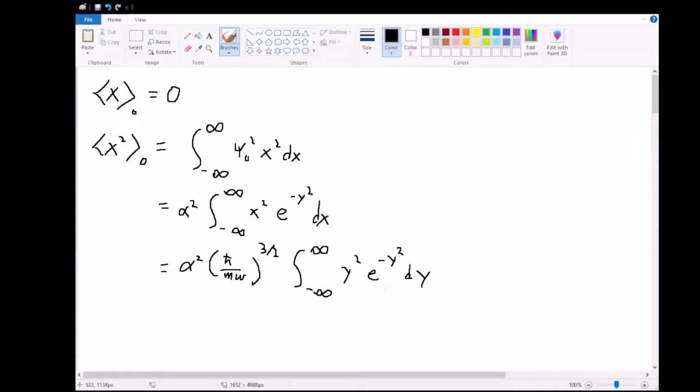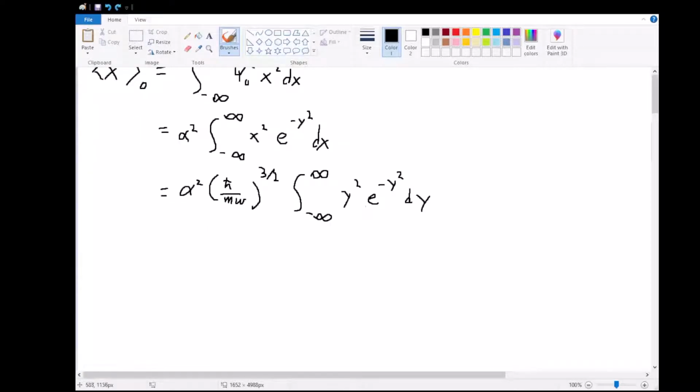And this is something that we've encountered many times before. I'm just going to speed through this because this was covered in a previous problem. But effectively, we use integration by parts. We take advantage of integration by parts by recognizing that d by dy of e to the negative y squared is equal to negative 2y times e to the negative y squared.